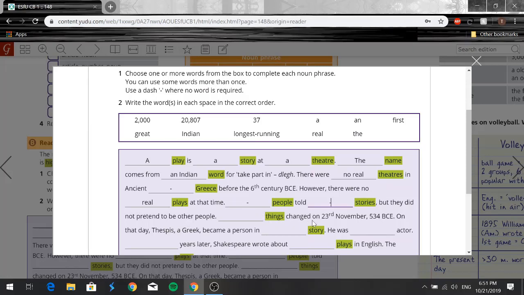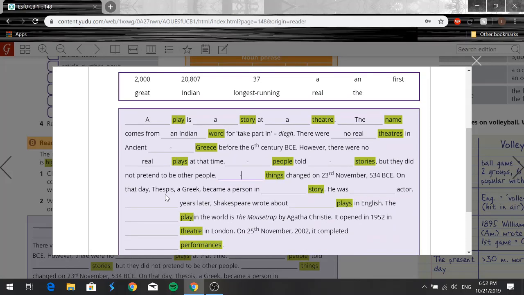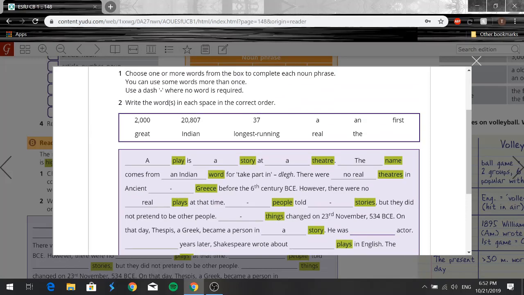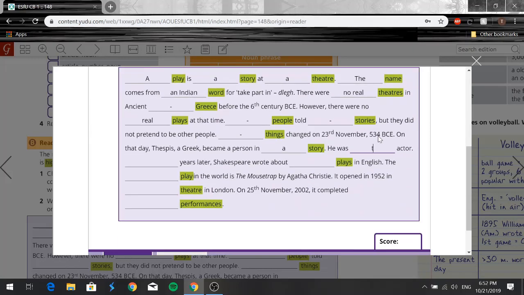Dash things changed on 23rd November, well, again, dash thing, we'll say things changed on 23rd November 534 BCE. On that day, Thespis, a Greek, became a person in, we'll use a, so in a story. He was, we'll say the and first, so we'll say the first actor, right?